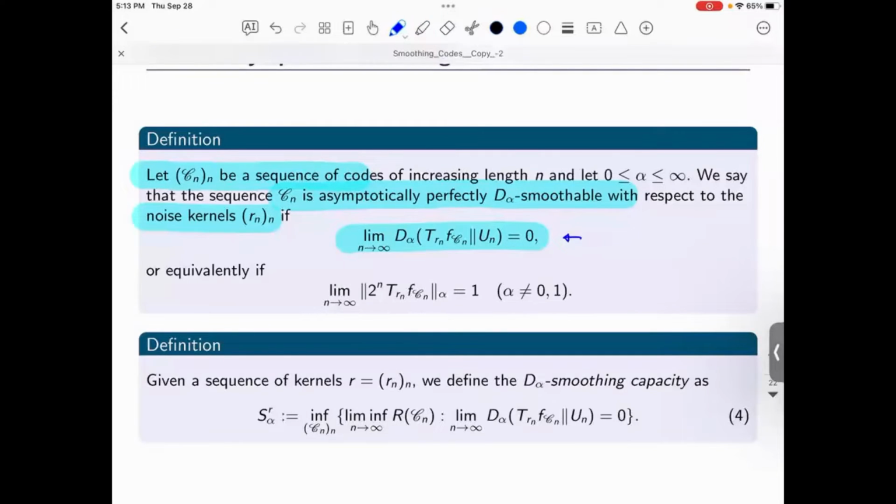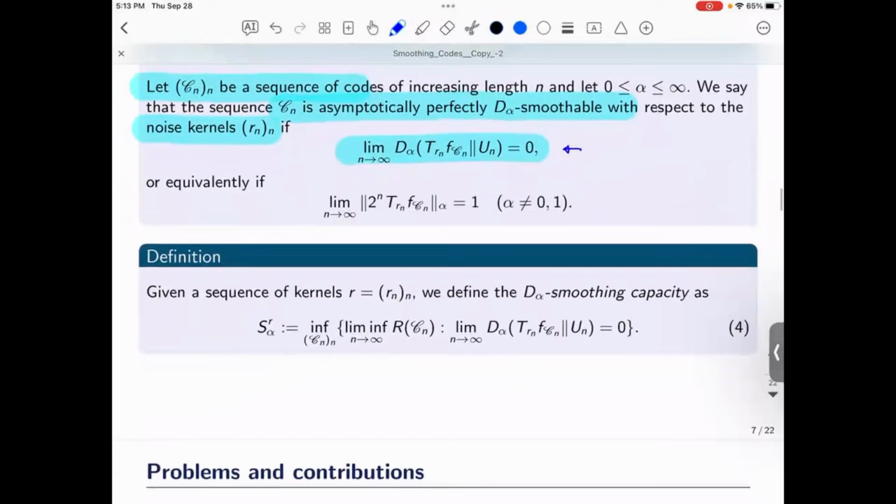So we want to find the minimum rate that satisfies this. That is what is captured by this definition. You consider all the sequences of codes with increasing length that satisfy this condition, and you take the minimum rate among all those codes.